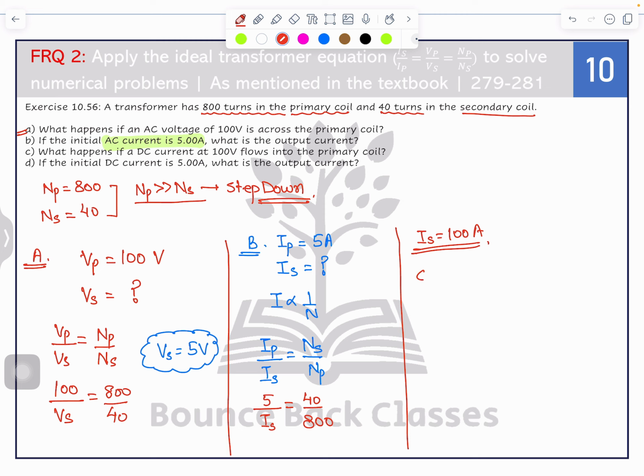Okay, now we have C part. What happen if the DC, yes guys, focus, DC current. I told you DC current. So can I say direct current? So what will happen in the direct current? Just think and tell me.